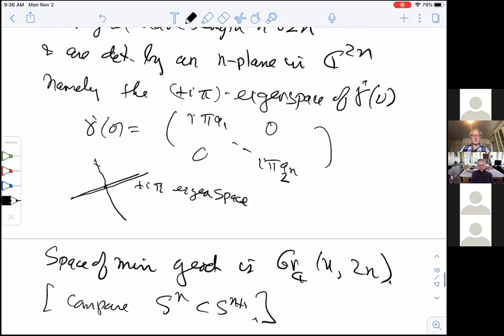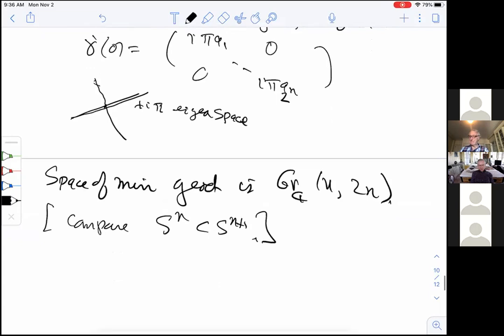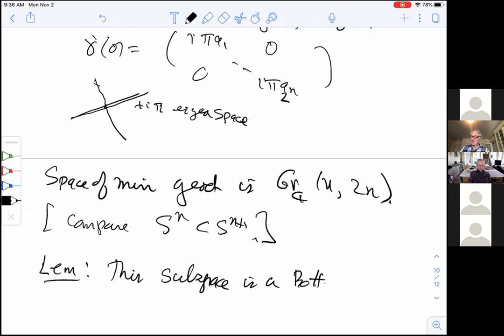So those are our minimal geodesics. Now I have to prove a lemma: this subspace is a Bott-Morse critical submanifold, meaning I have to prove that the kernel of the Hessian at every one of these geodesics is the tangent space to this Grassmannian.